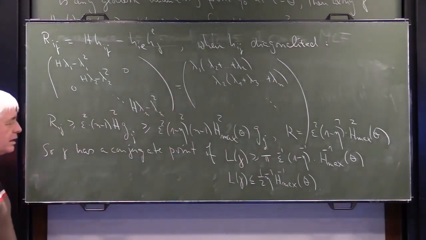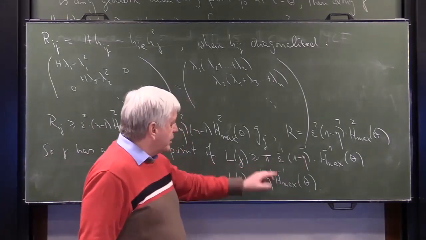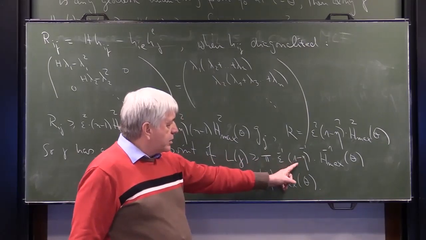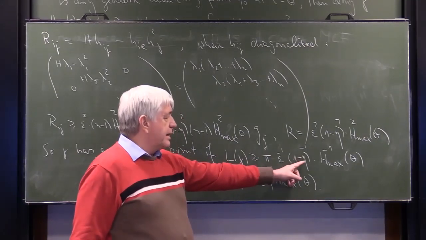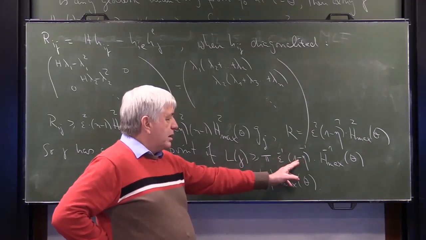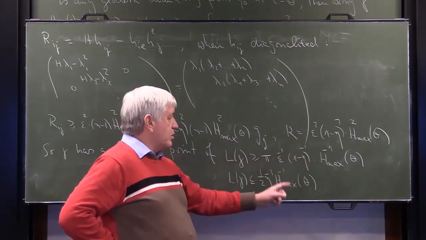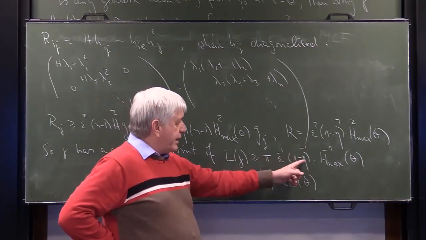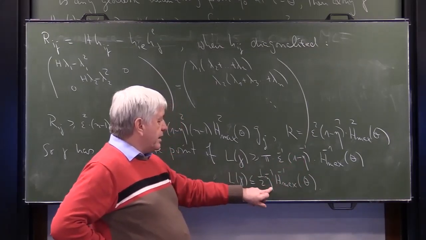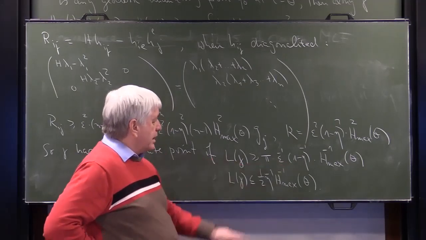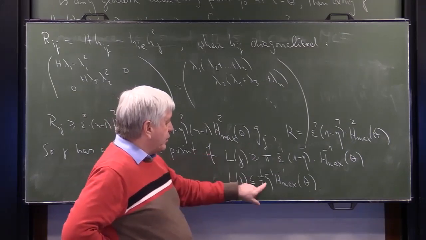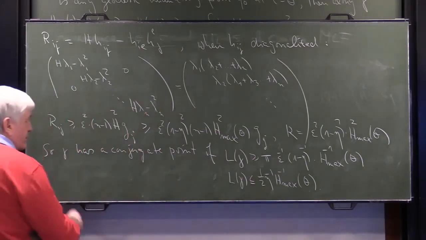And now you see that both these inequalities can be easily fulfilled, since this one here is always bigger than, for eta close to 0, this is close to 1. So this is also close to 1. So this is just a fixed constant depending on epsilon and pi. So we can easily satisfy both this inequality and that inequality if we choose eta small enough.